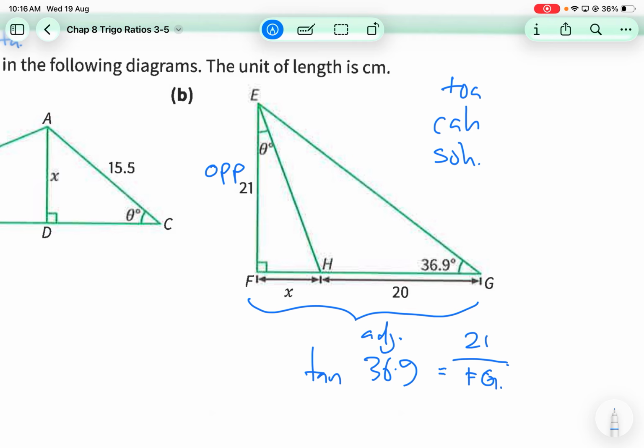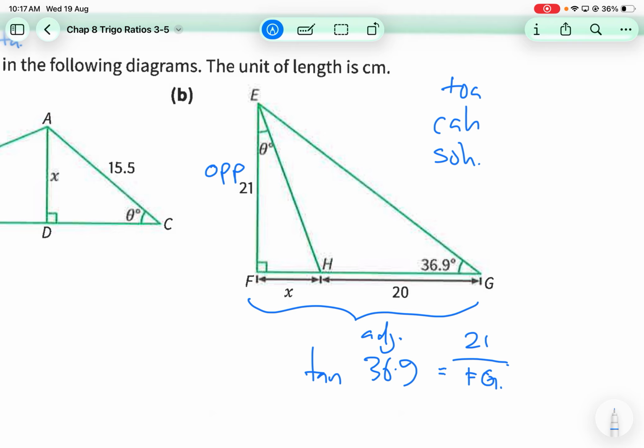FG. F to G. The entire length. Okay? You can write down this relationship, halfway done. But the next step is very important. The next step is where students often make mistake.